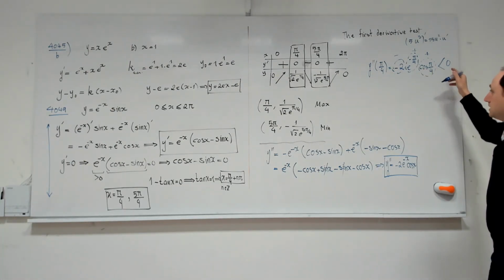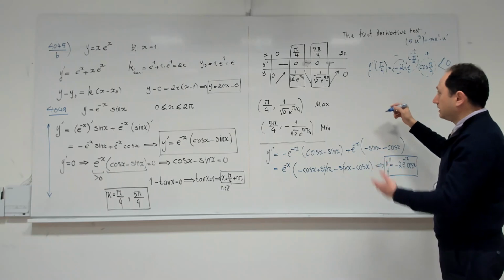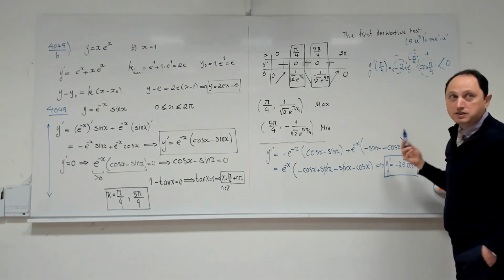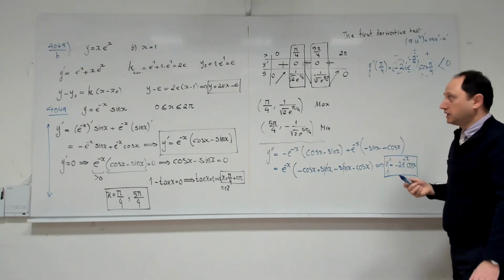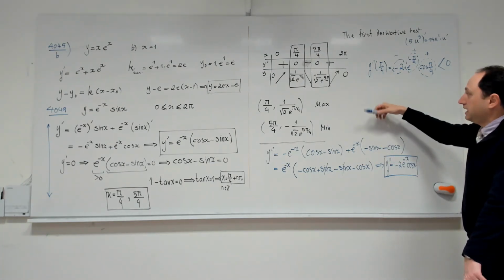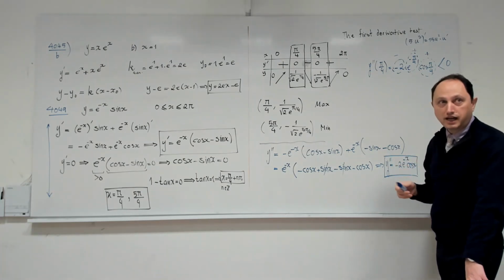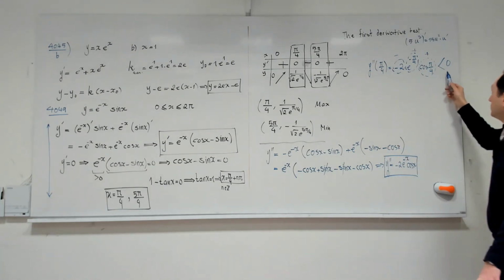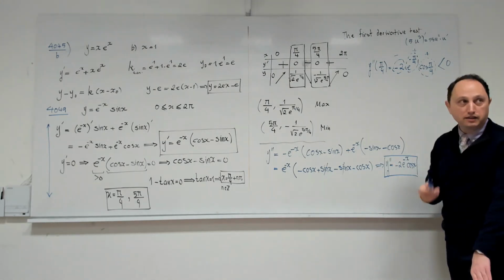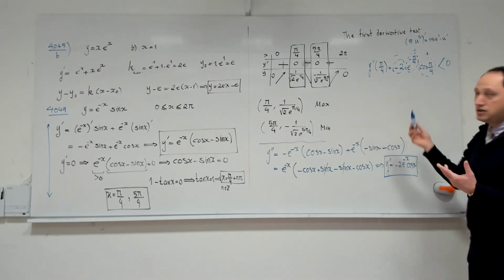When it is negative, it means that the point that corresponds to pi over 4 should be a max point. So you need to remember. A negative value for the second derivative indicates that the point corresponding to that is a max. If the second derivative is positive, it indicates that the point corresponding to that is a min point. And this is unfortunate.